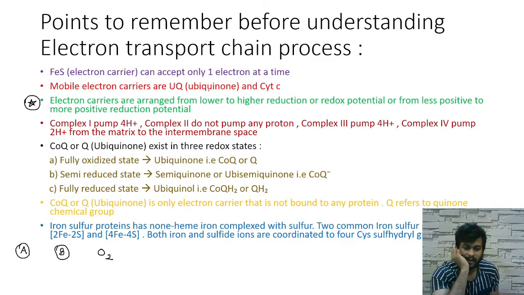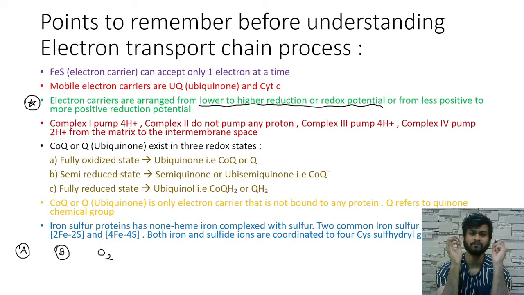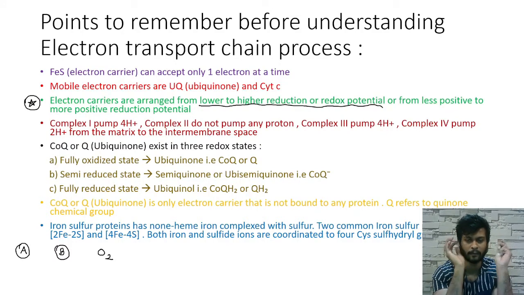What is written? Electron carriers in the electron transport chain are arranged from lower to higher reduction or redox potential. Reduction potential means the ability or potential to accept electrons or hydrogen atoms. We know that loss of hydrogen atoms and electrons is oxidation, whereas acceptance of hydrogen atoms and electrons is reduction.